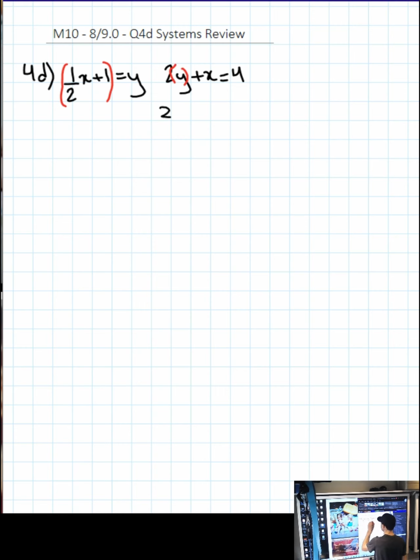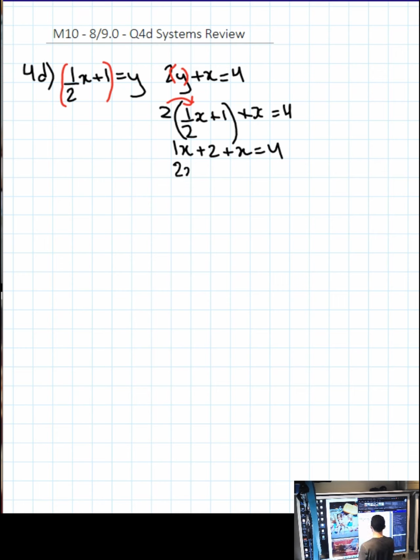So we have 2 times 1/2 x plus 1, plus x equals 4. We can distribute. 2 times 1/2 is 1, so we have 1x. And 2 times 1 is positive 2, plus x equals 4. So we get x plus x is 2x, plus 2 equals 4.